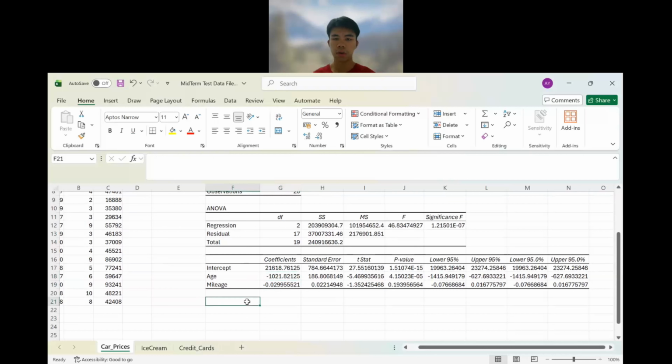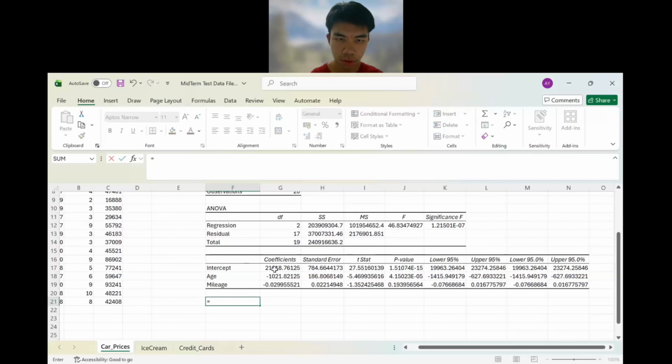Now we need to estimate the price of a 5 years old sedan with 65,000 mileage. To do so, we will use this formula in Excel.